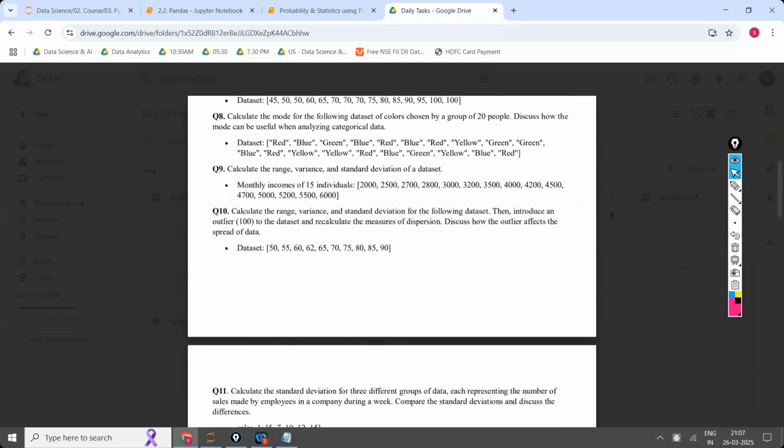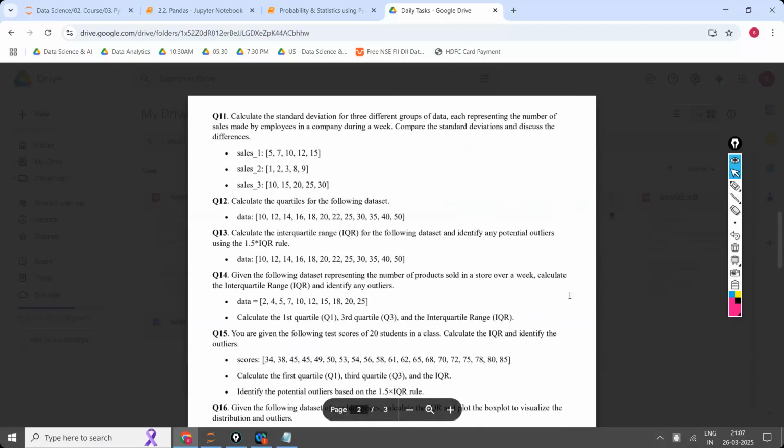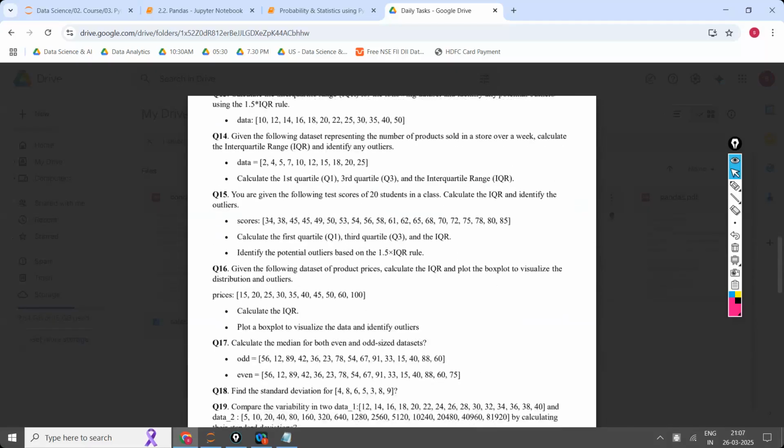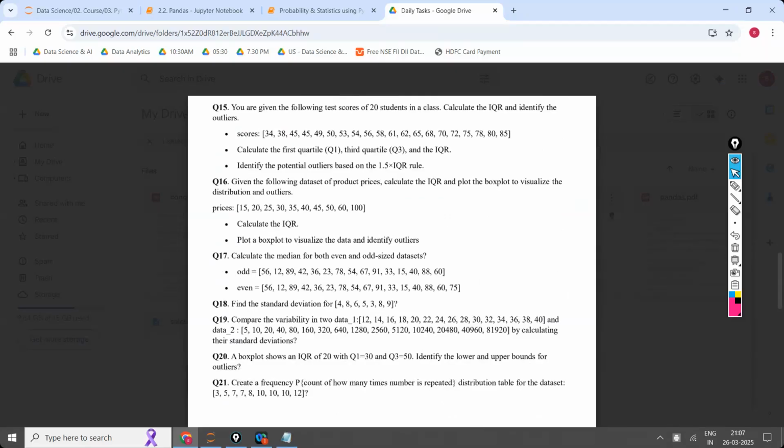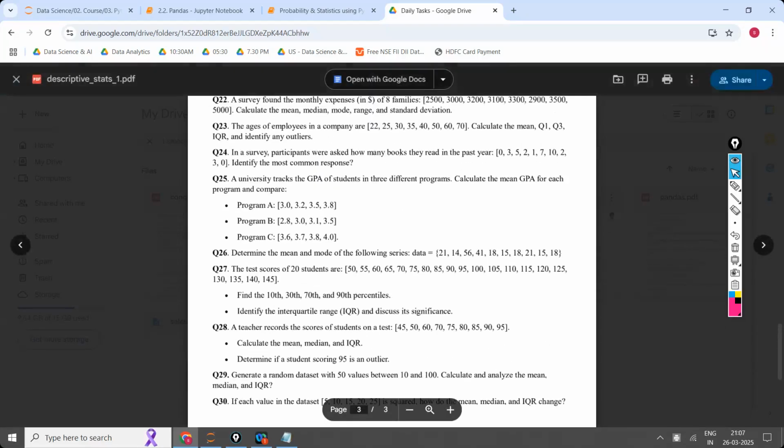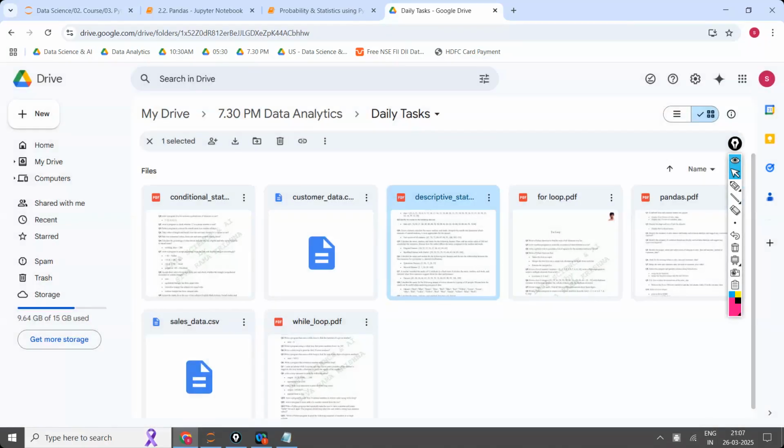And tomorrow you are going to get one more task for descriptive statistics. As of now, we have shared some of the questions for your practice purpose. Open your daily task folder. In that there is a descriptive statistics task available. Clear, guys?